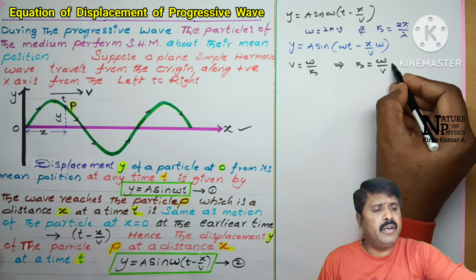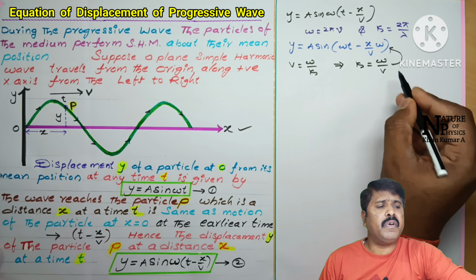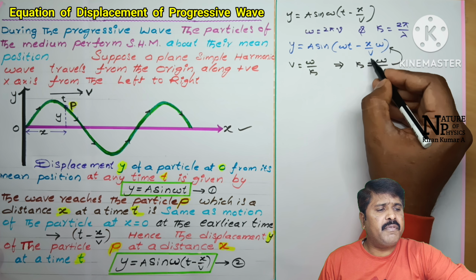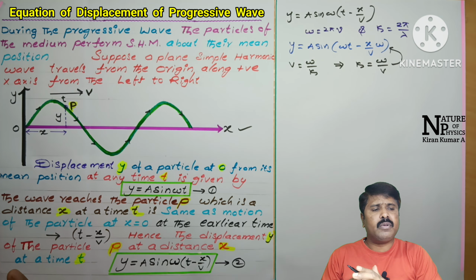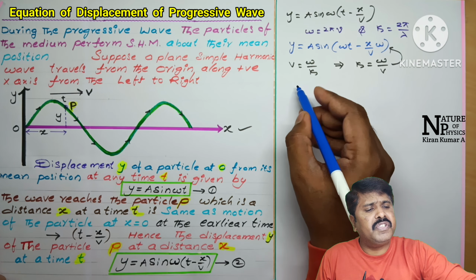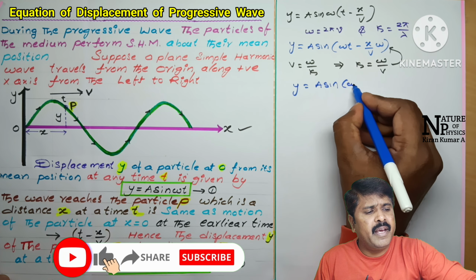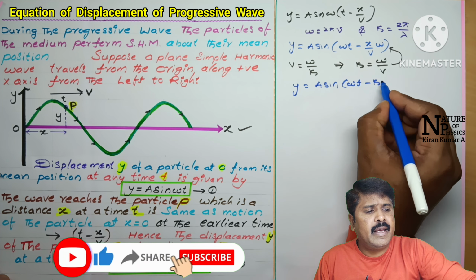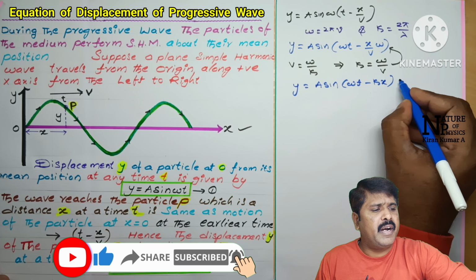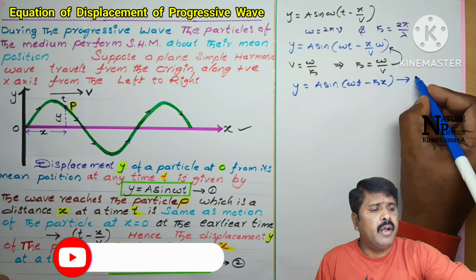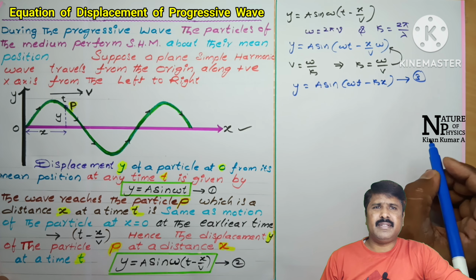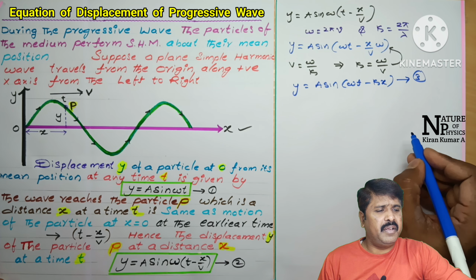Rearranging and replacing in the above equation, instead of omega by v I write k, so the equation is y equals a sin of omega t minus kx. I am writing this as equation number 3.